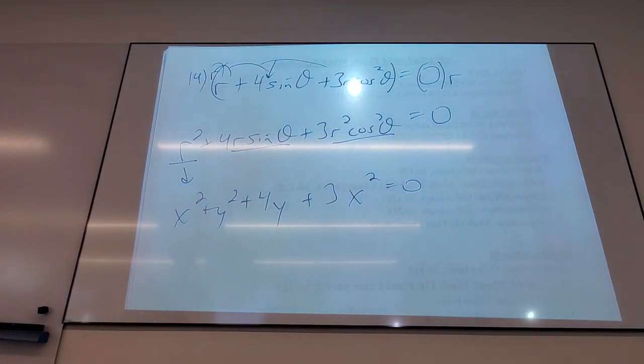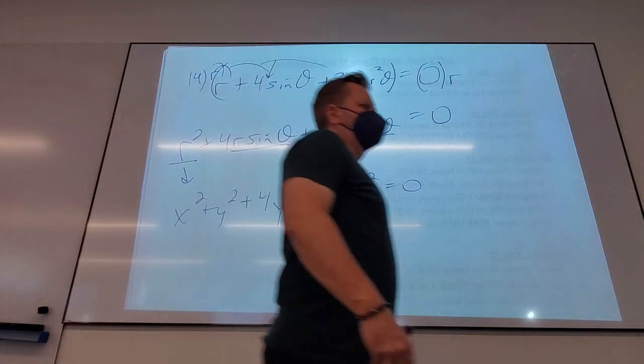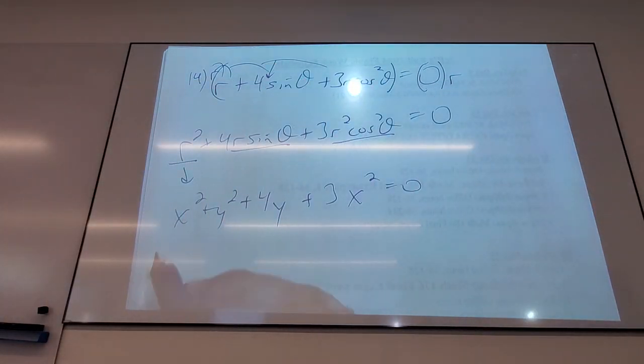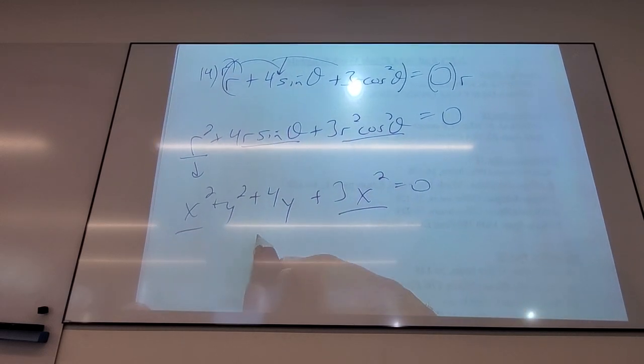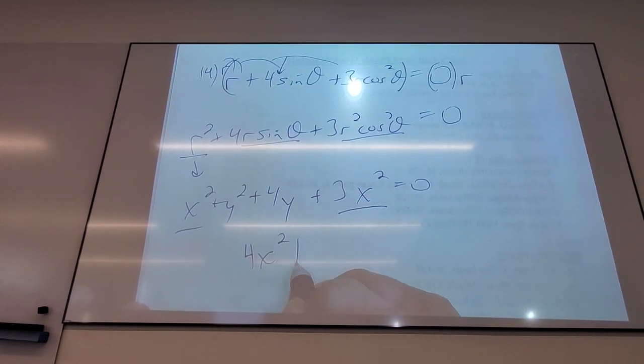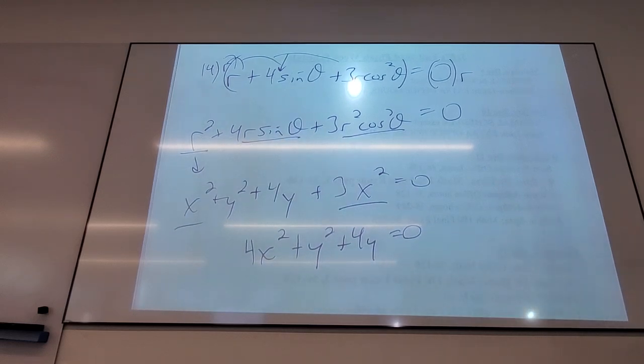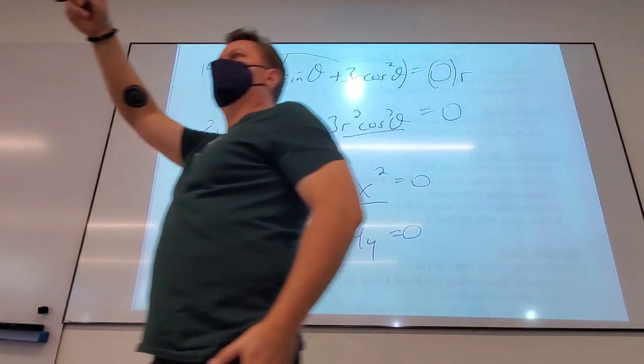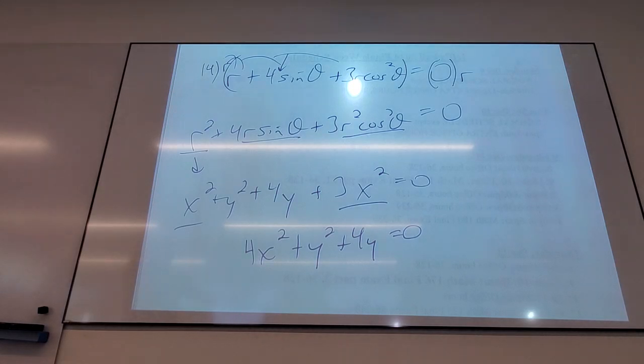Now, from the little bit we talked about yesterday, could somebody tell me, would that be a circle, an ellipse, or a hyperbola? Why is it not a hyperbola? It's addition between the squares.